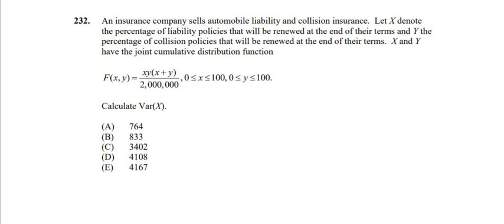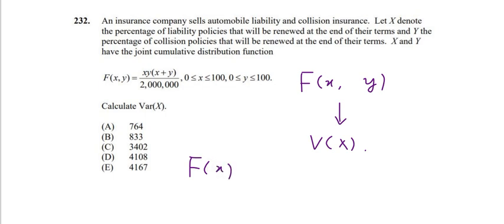Okay, so this problem is from a joint cumulative function. We want to find the variance of X. From the joint cumulative function, we can get the cumulative function for X. So what is F_X? We take Y at its largest value, Y equals 100.